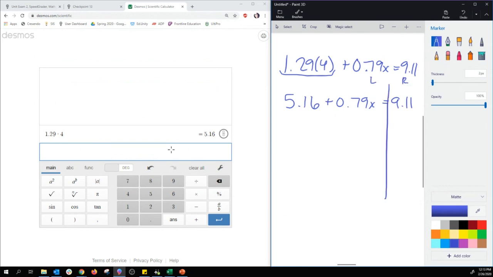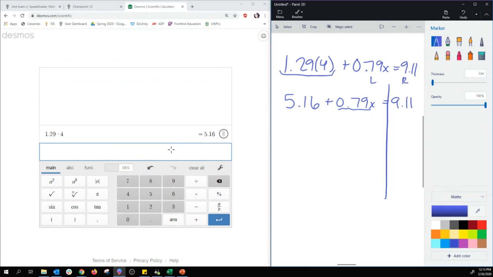Now if I were to draw my line, look at my left and my right side. My left side has my variable, but my variable isn't first, it's second. So I'm still working furthest away from it. I'm going to try and get rid of this 5.16. There's no plus or minus sign in front of it because it's the first number.